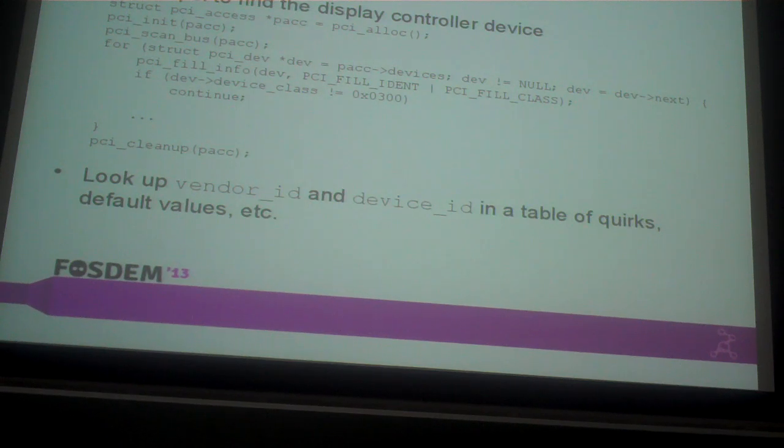There's a couple other libraries like this, but every distro ships with libpci to find the display controller device and then look up the vendor ID and the device ID. And then from that, you can have some sort of table in your app of, oh, it's this particular Radeon GPU, use these default settings. It's this Intel GPU, use these default settings, kind of thing like that.